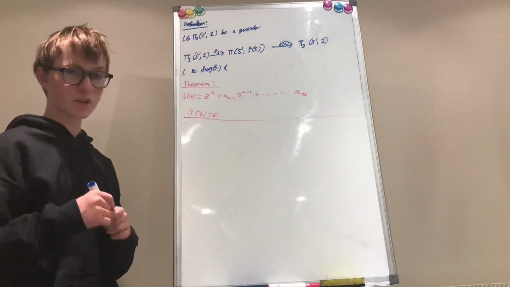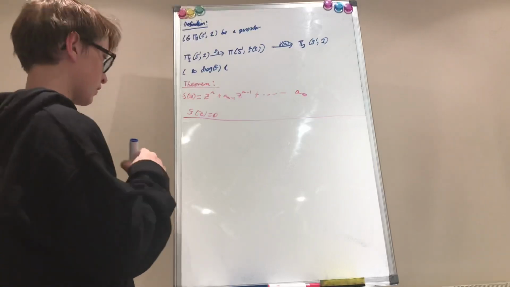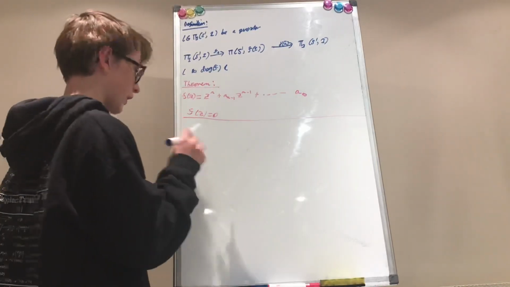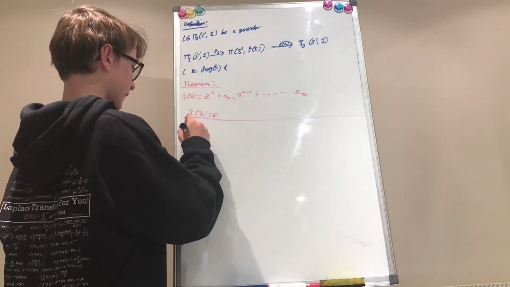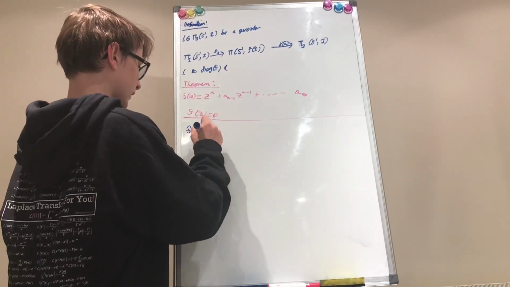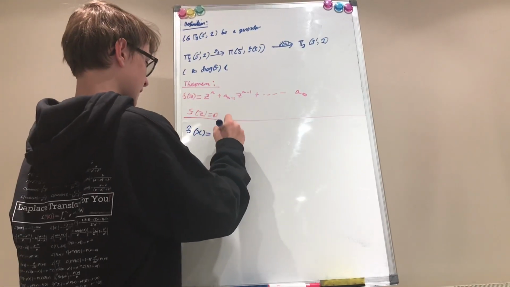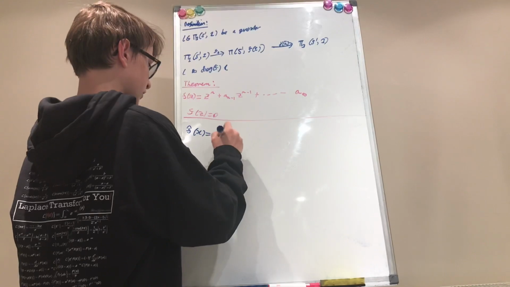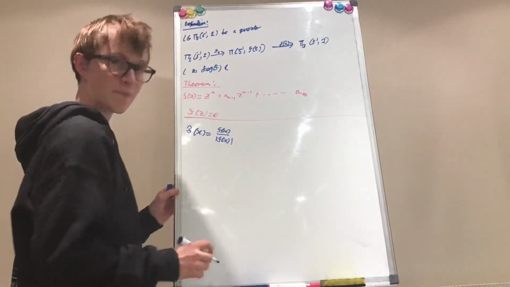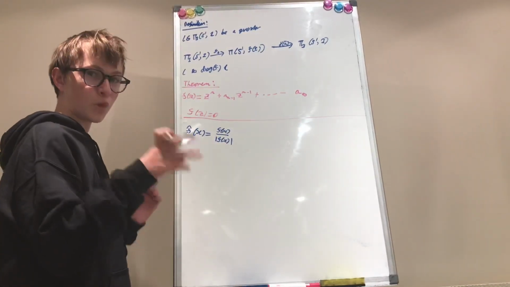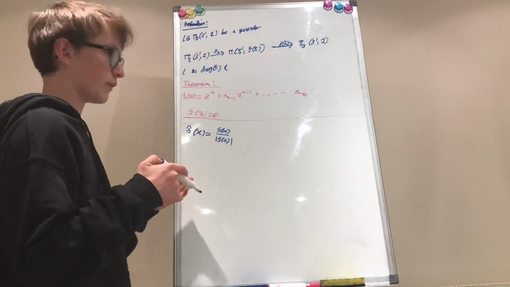So let's assume it's not true. So this would allow us to define f hat of x equal to f of x over the magnitude of f of x. Now, we want to calculate the degree of f.